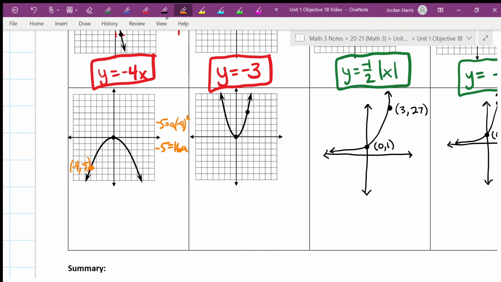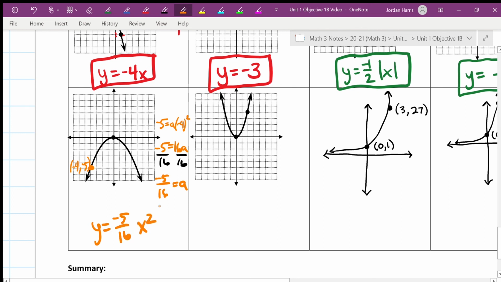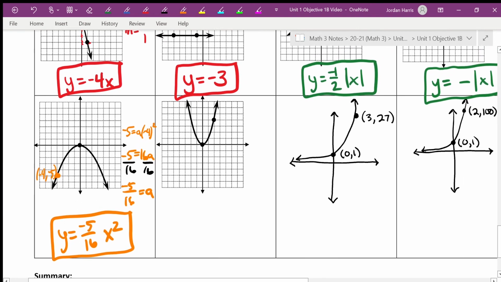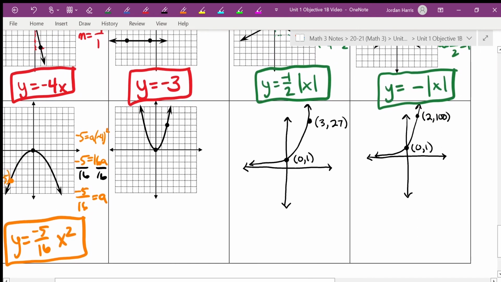Divide both sides by 16. And I get negative 5/16 equals a. And that's my equation, negative 5/16 x squared. Make sure you're using the correct forms. U shape should be squared, linear should be x, special cases should have no variable, absolute values should have absolute values, exponentials should have x in the exponent.